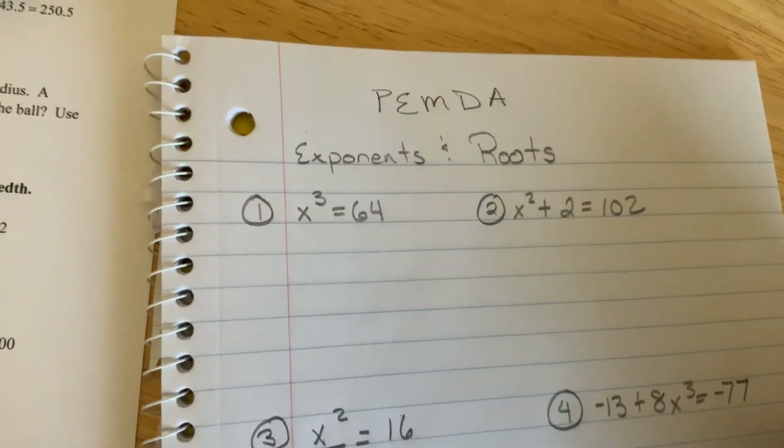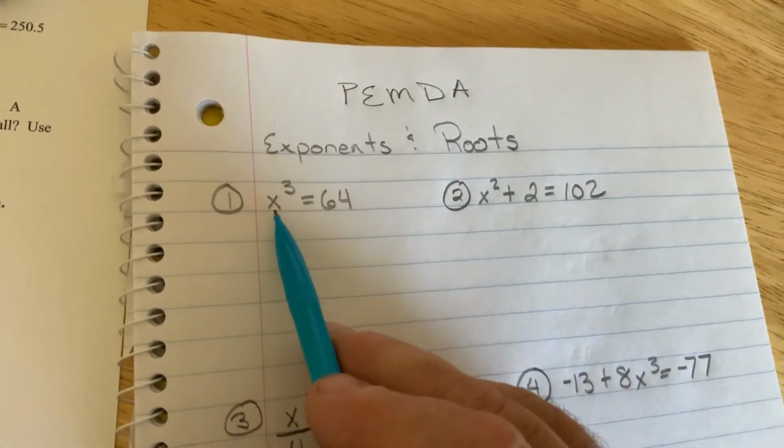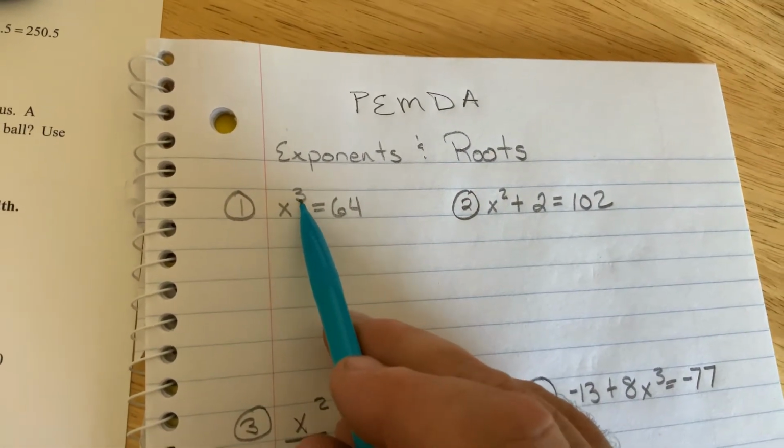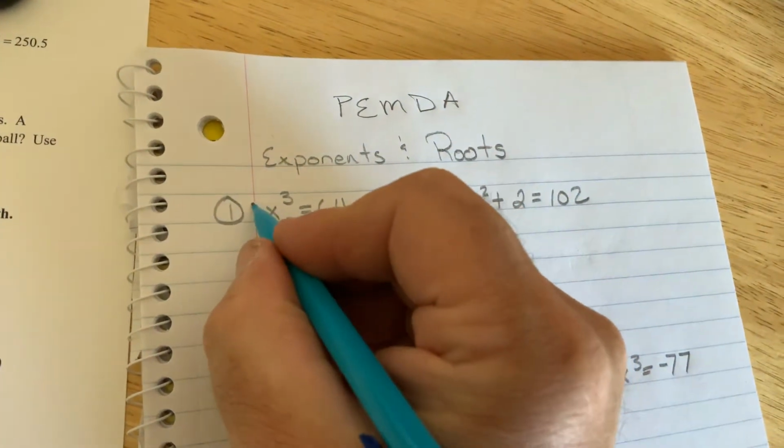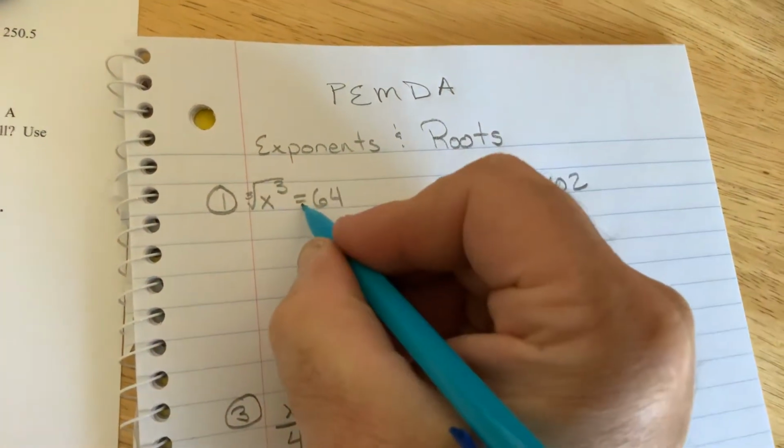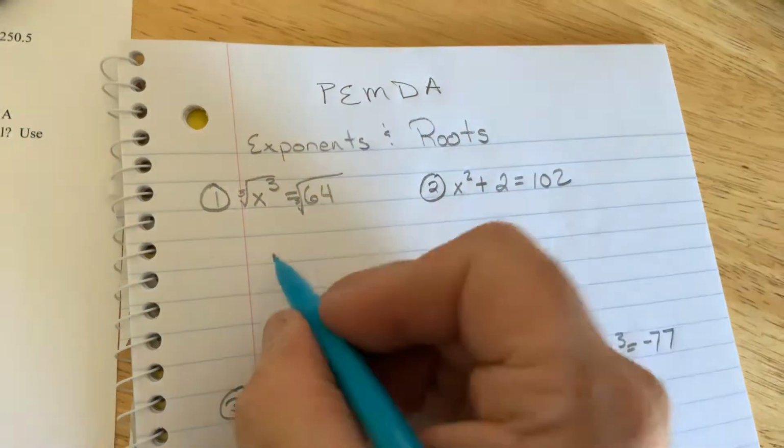Looking at the first one, x cubed, the opposite of being cubed would be the cube root. Whatever I do to one side, I have to do to the other.